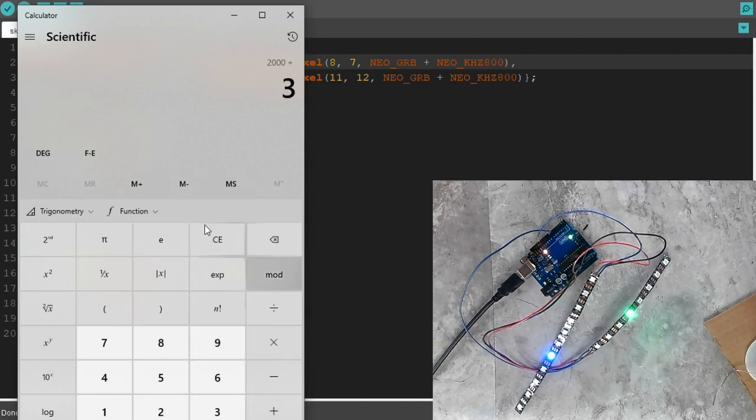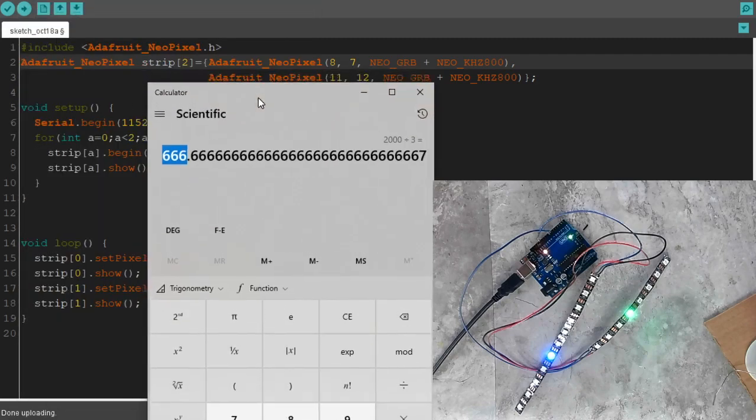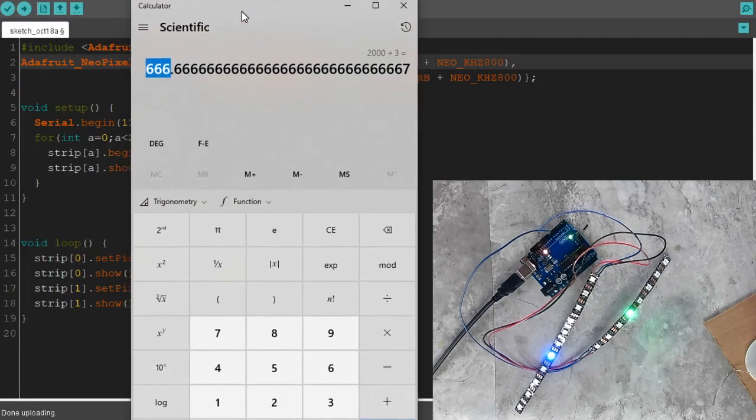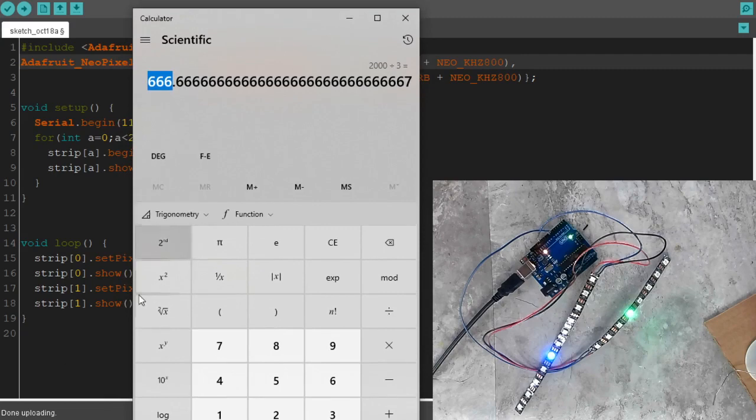Plus, there's a byte for brightness and a couple other bytes it takes up, but let's say it didn't. Let's say it just took up 3 bytes per pixel. 666 pixels, right? I usually don't get over 400 with my programs, but if I were to just store the NeoPixels in memory, not even broadcast them, not even talk to them, and it didn't store the brightness or anything else, I could store 666 NeoPixels on here, right?